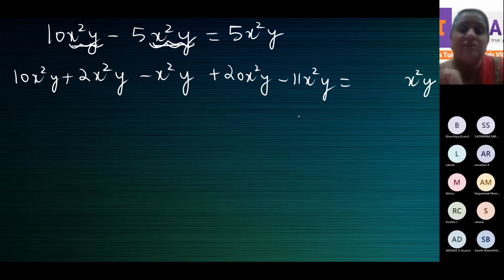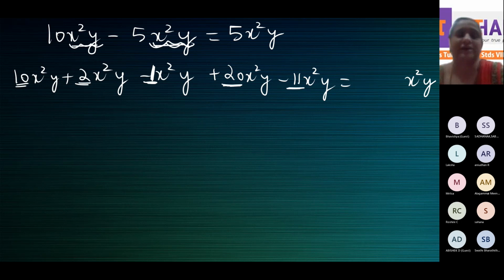You will only simplify the numerical coefficients. So what is 10 plus 2? 12. 12 minus 1, if there's nothing, there is 1, so 11. 11 plus 20, 31. 31 minus 11, 20.